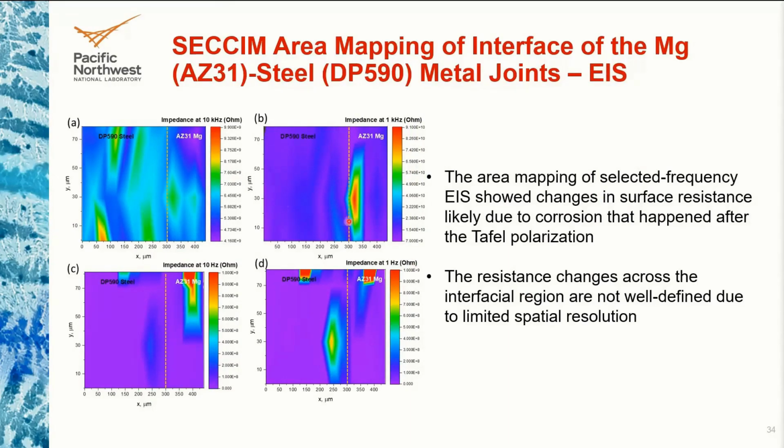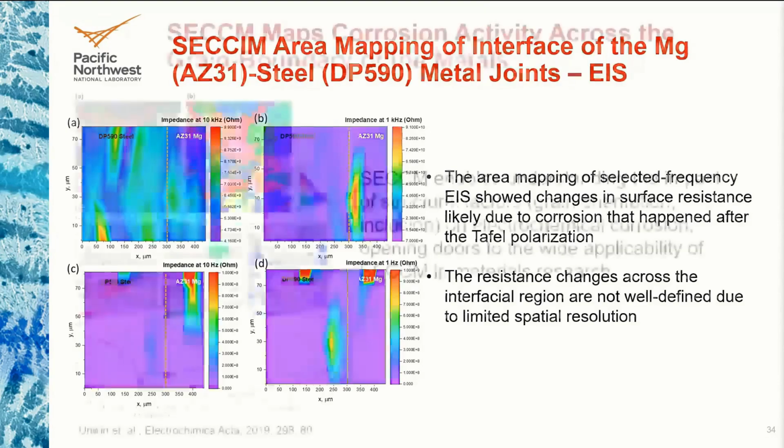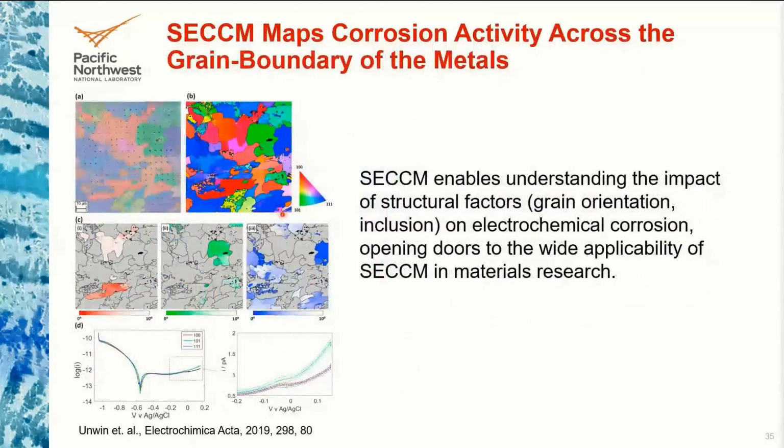We may need to have more statistics of the data, but here we haven't found any significant variations or distinction near the interfaces. So far I have talked about how SECCM can be used for metal joints, but you can also apply it to study grain boundaries of metals.